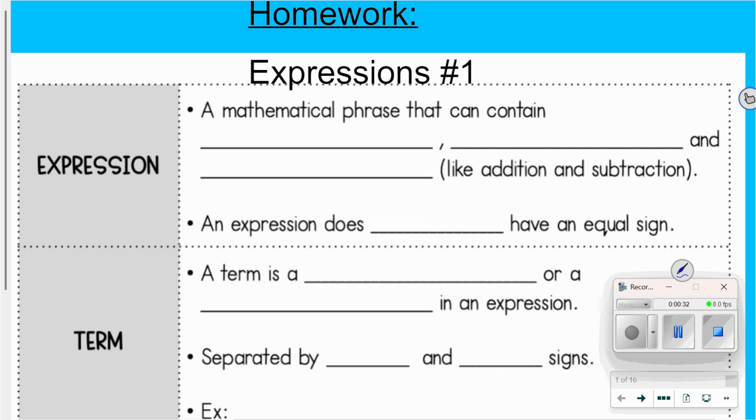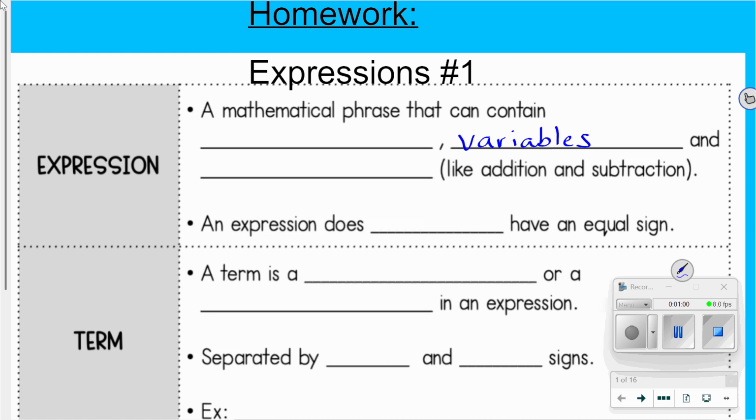So an expression, by definition, is a mathematical phrase that can contain three different pieces. Anybody know what the three pieces would be in an expression? Terms. What makes up a term? Variable. Coefficient.